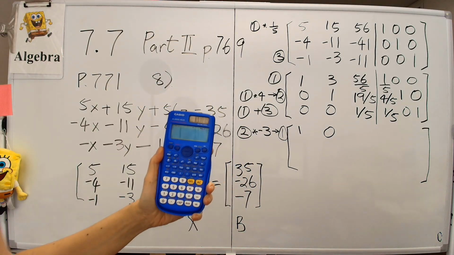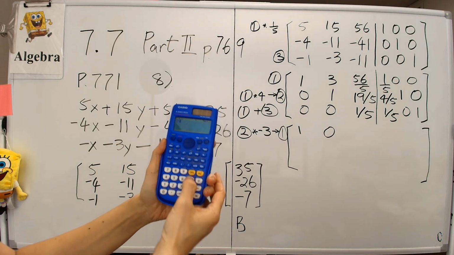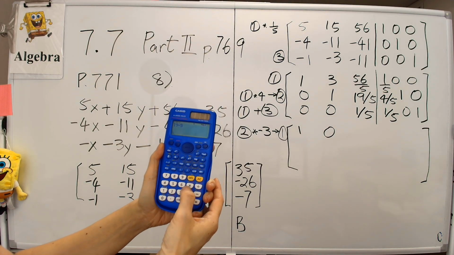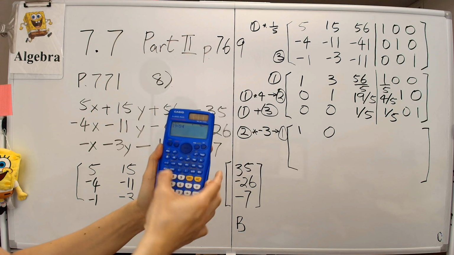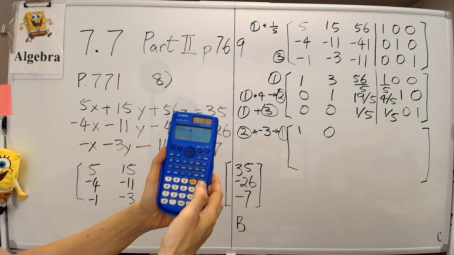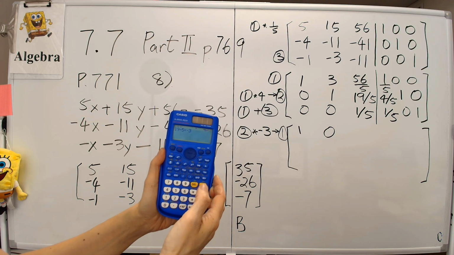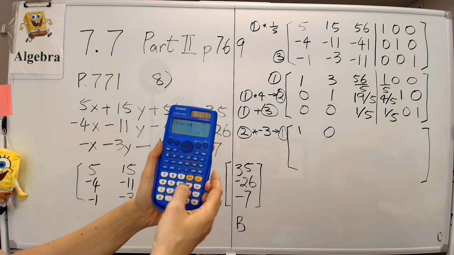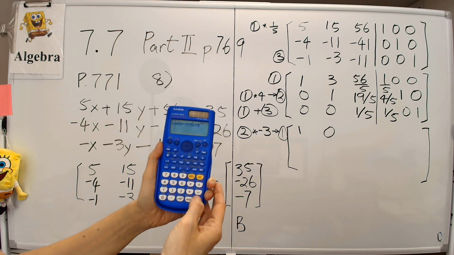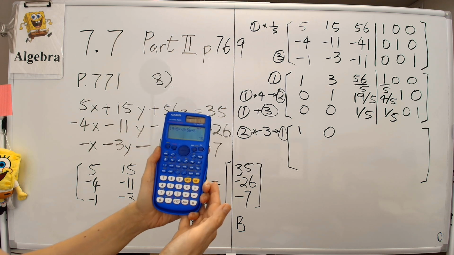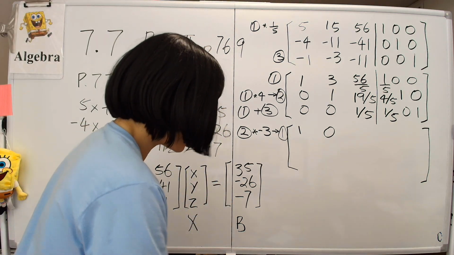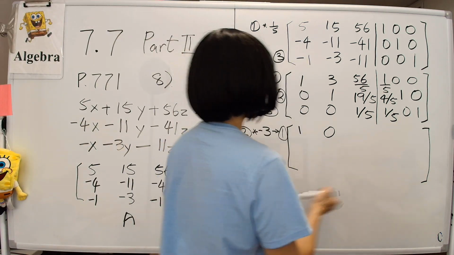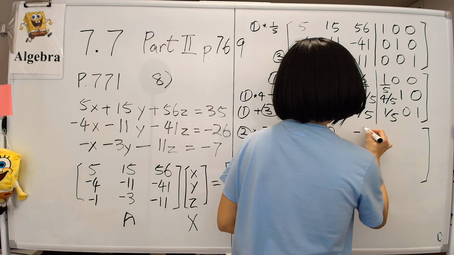So we have row 2, that's 19 over 5 times -3, and then add it to row 1, which is 56 divided by 5. And that gives us negative 1/5. All right, so I'll write that down. So that is minus 1/5.